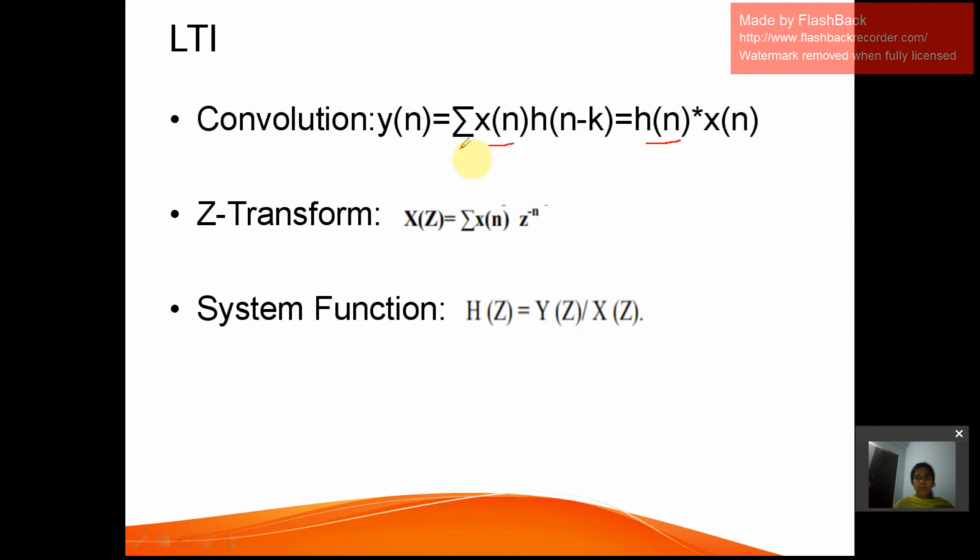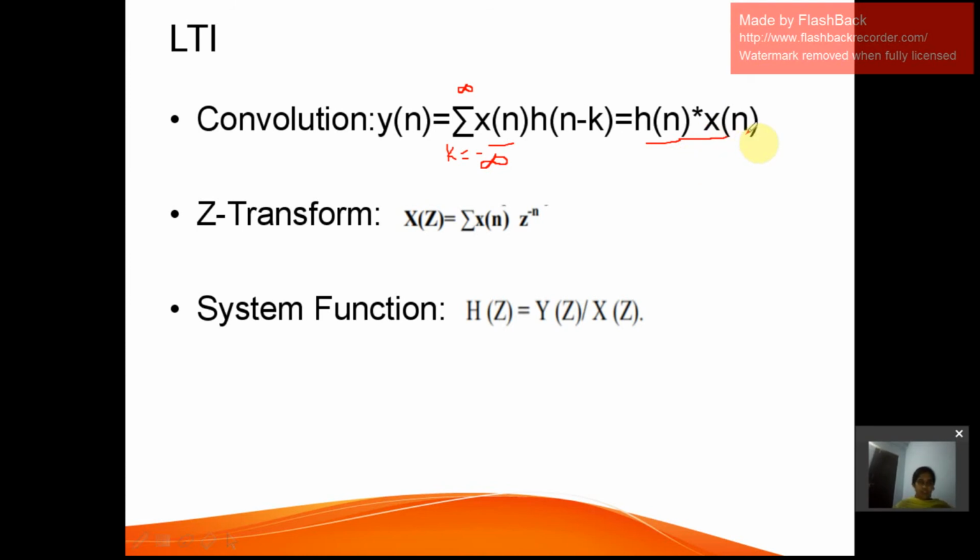Here is the input, and here k ranges from minus infinity to plus infinity. We can rewrite this as summation k equal to minus infinity to infinity of x of n minus k times h of n, and the final expression we can write as h of n convolved with x of n.